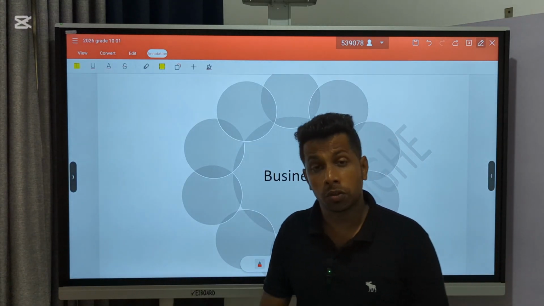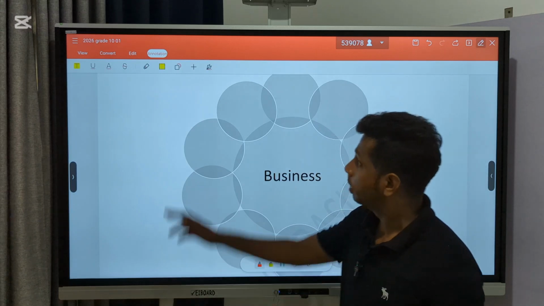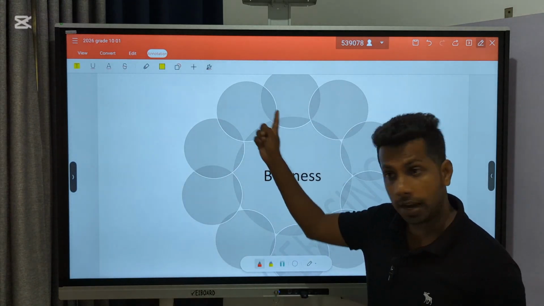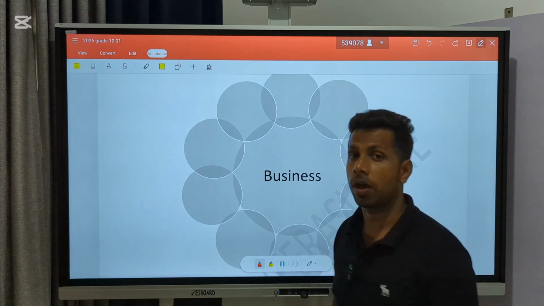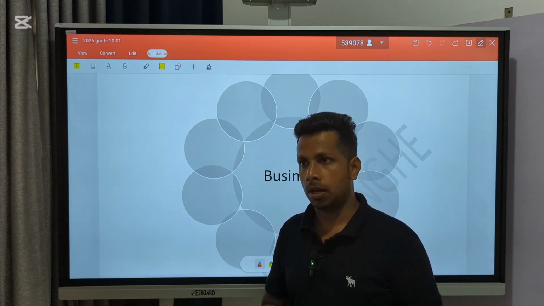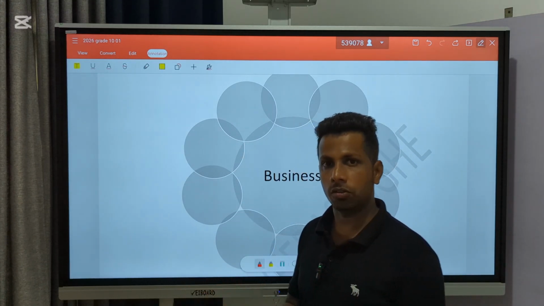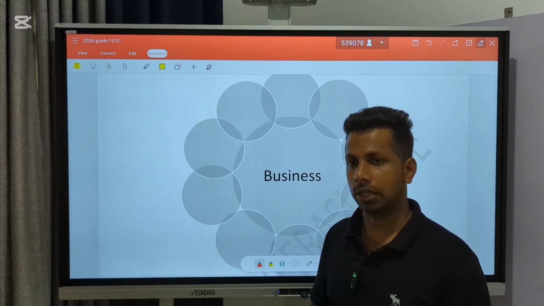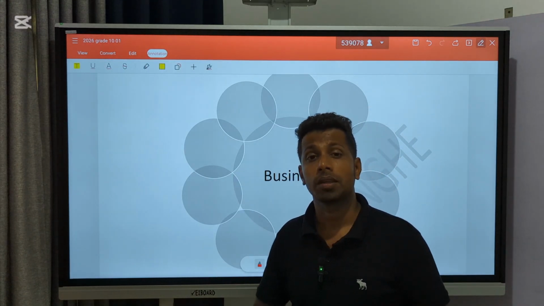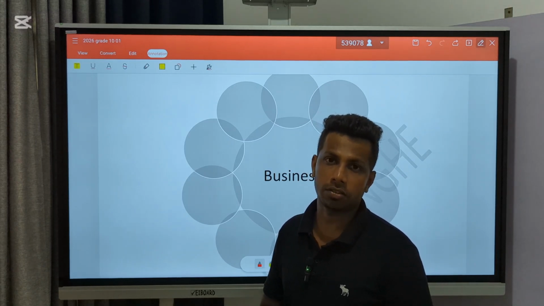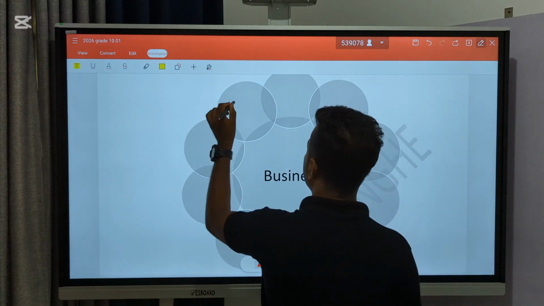Okay, so let's move to the next page of our handout, my dear children. Here you can see the business, and you can identify various parties who have an interest. As we discussed earlier, you can mention the main parties. According to the handout, you can now rewrite the identified parties as stakeholders. I will start from here.